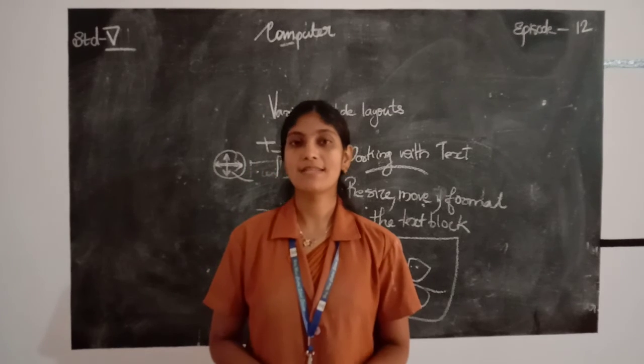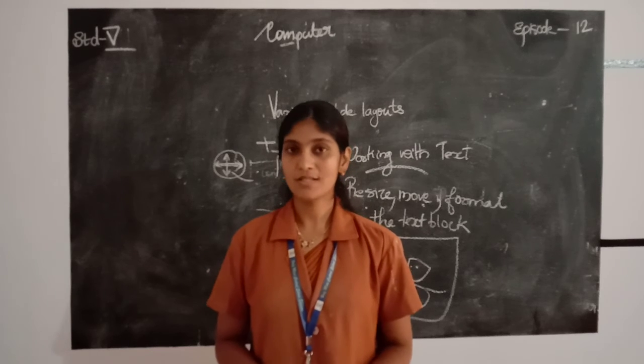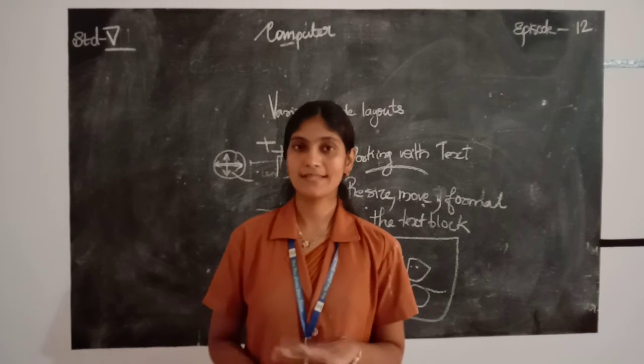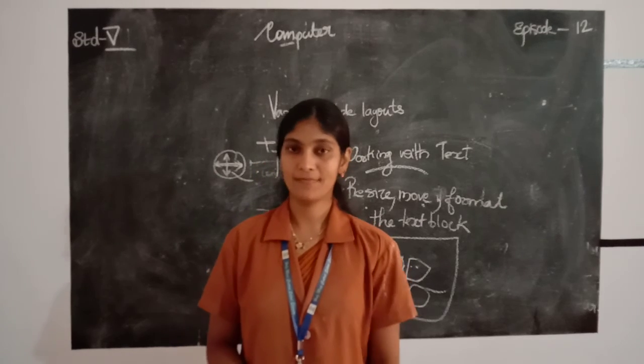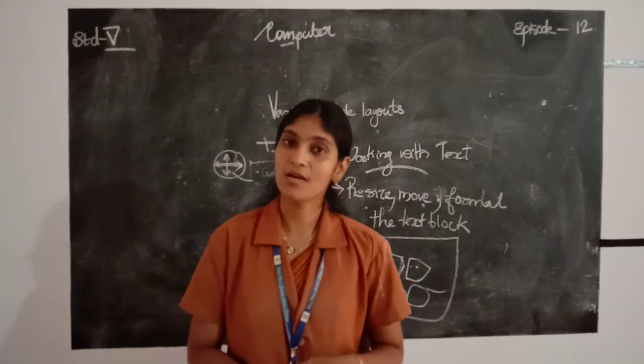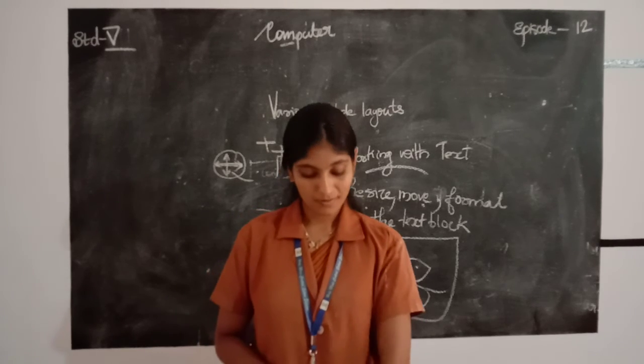Then also you can change the font color according to your choice, from red to yellow, etc. Then also you can change the background color of that slide. So these are the font properties of text.